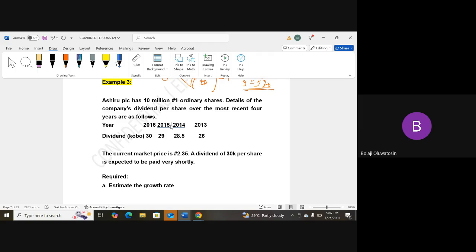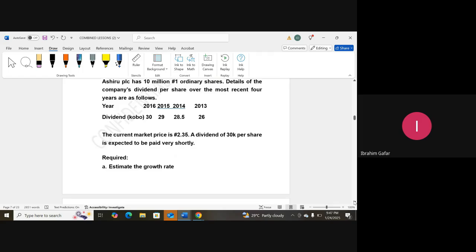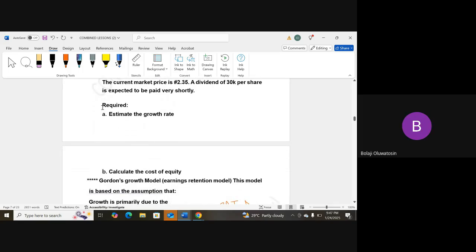The current market price is 2 naira 35 kobo. A dividend of 30 kobo per share is expected to be paid very shortly. Required: estimate the growth rates. Then B, calculate the cost of equity. Okay, good.